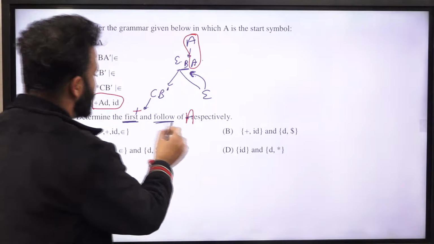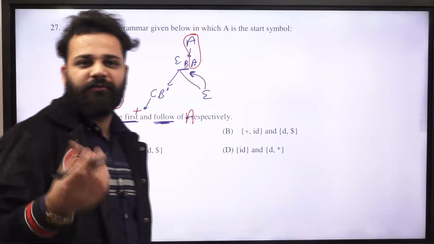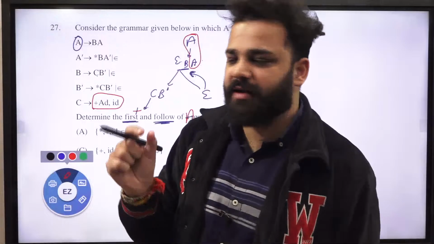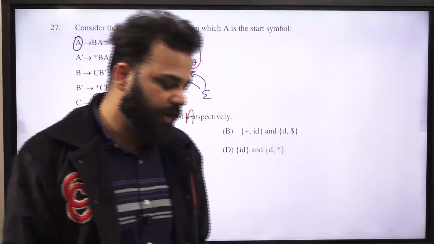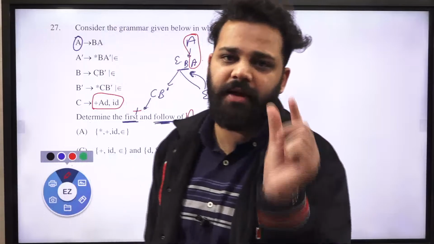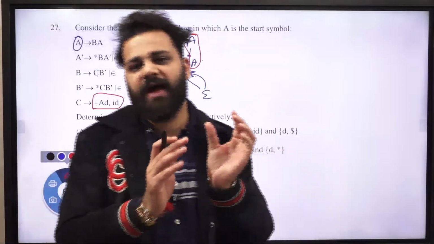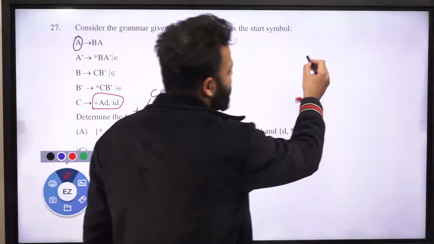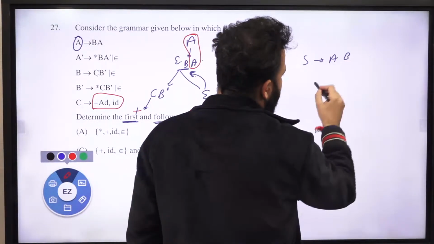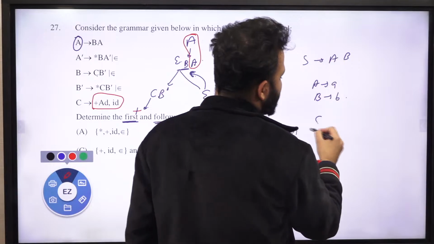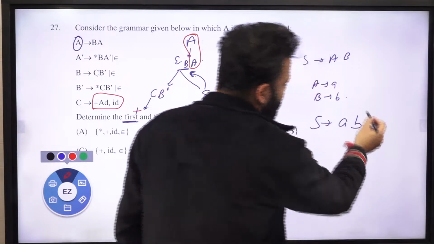What about follow? What follow signifies is that, let's say you have to find the follow of A, it signifies that if you see all the strings that are made by A, what will be the element that is just after the string that is made by A. So if it is saying that S is equal to AB and A is equal to, let's say, A, B is equal to B, and S is making string AB as a whole.